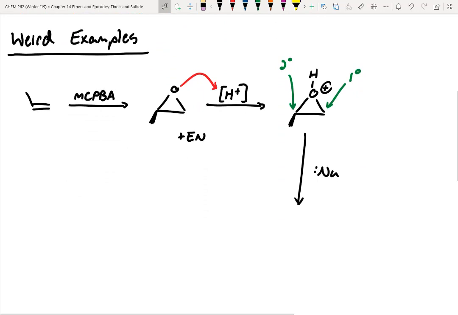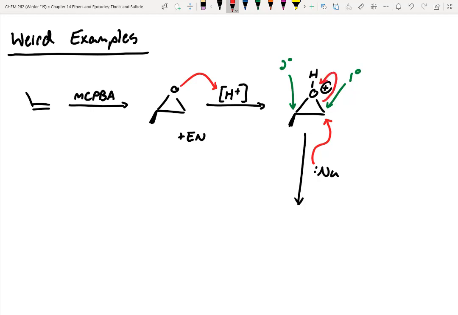If we think about secondary carbons, yeah, they do have some hyperconjugation, but not nearly the same as a tertiary carbon. So the nucleophile here, instead of attacking the secondary carbon, because it's not that stabilized, will prefer to attack the primary carbon. Why do you think that is? Sterics, right? It's just more accessible.